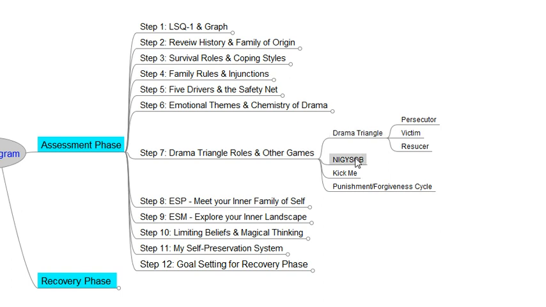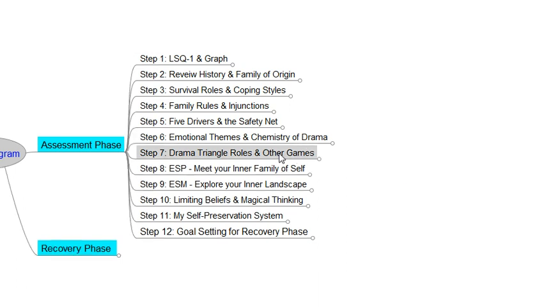There are other variations on the drama triangle, like the "Now I Got You, you SOB," and the other game might be Kick Me, where I wear a kick me sign, or I say exactly the right thing at exactly the wrong time, and the "Now I Got You, you SOB" comes in. And we have maybe cycles of punishment and forgiveness. Those all create that chemistry of drama.